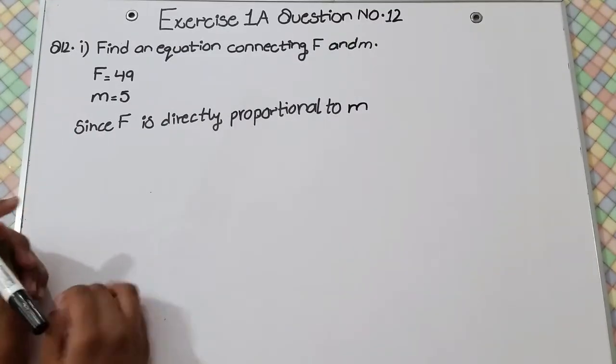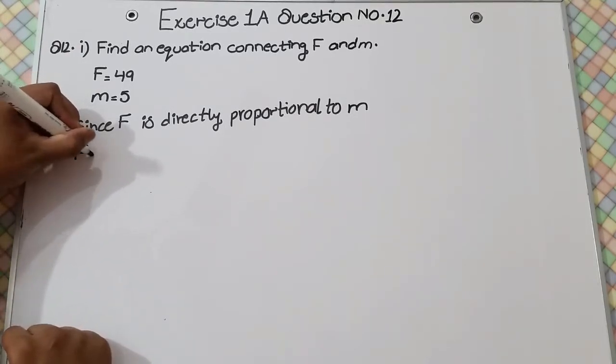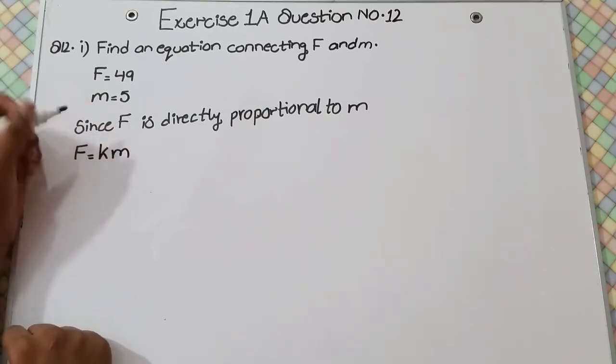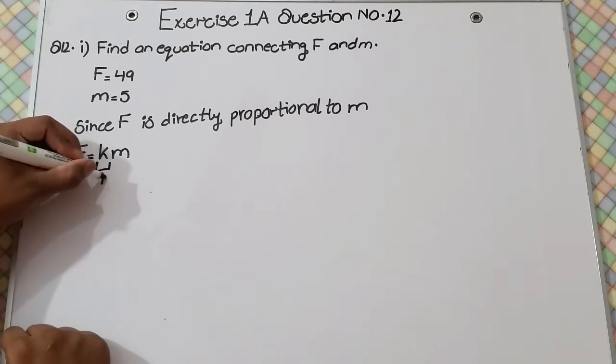So what we did, we created an equation where we put F and then add K as a constant. That is F is equal to Km, and K is a constant.